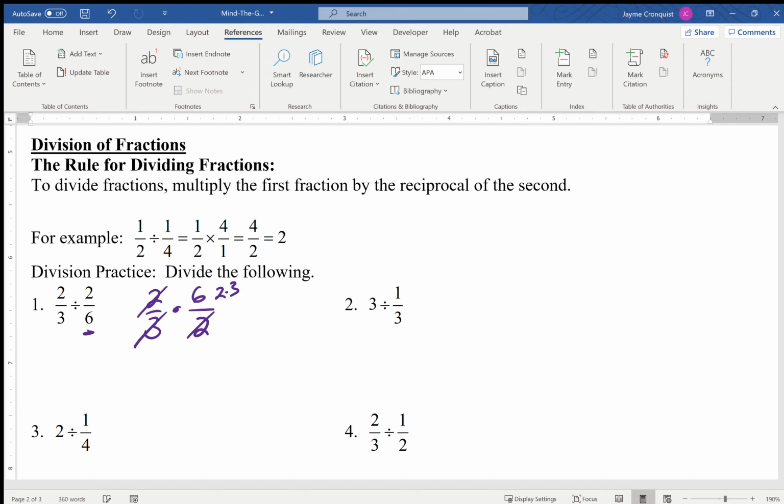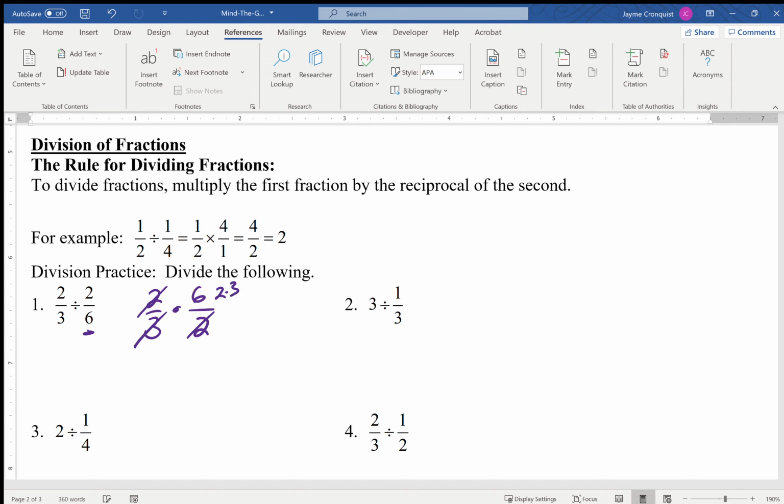But there is a shortcut, and this is the one I use all the time. We take the 3 times the 2, and that gives us a 6. Then we add the 2, the numerator, you get 8, and you put it over the original denominator. Pretty easy. So let's look at some of these.